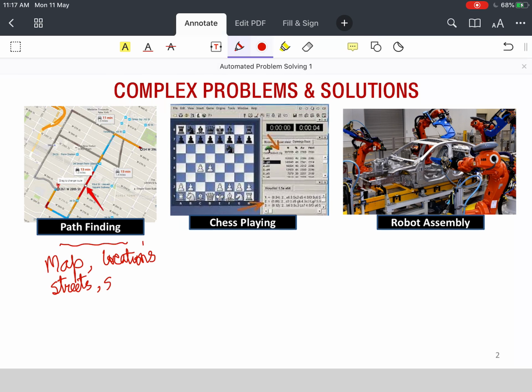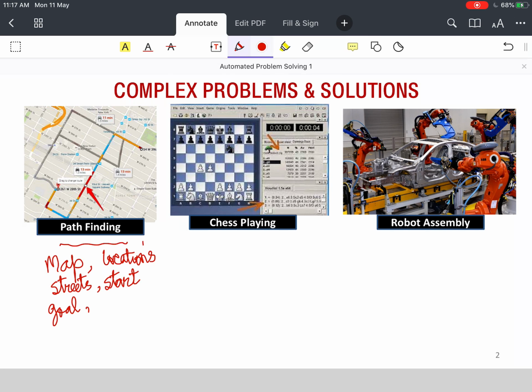And given a start position and a goal position, there is a need to find an accurate, shortest or most convenient path. So this is a problem which people try to solve by running some shortest path algorithms over large graphs.